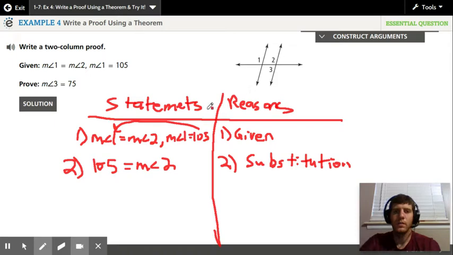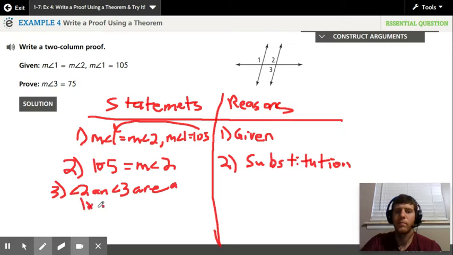So now we're trying to get to the measure of angle 3. The one connection we have is we notice that angle 2 and angle 3 are a linear pair. And we know they're a linear pair because we have two lines intersecting and they're adjacent, right? The definition of a linear pair tells us that adjacent angles formed by two lines that intersect are going to be a linear pair.